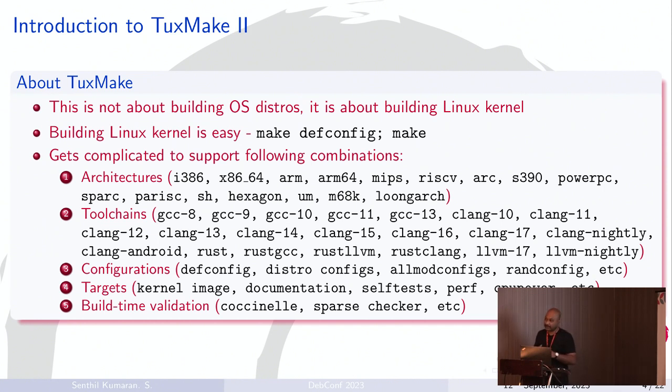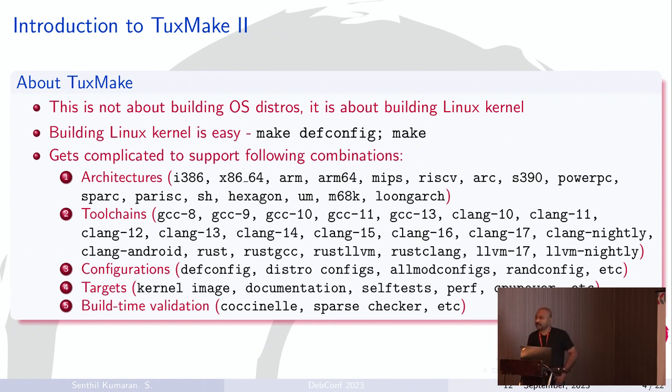Where it gets complicated, the Linux kernel supports different architectures, and it could be built with different toolchains. So you can see the architectures, most of them which are existing today. So you see i386, ARM64, PowerPC, SPARC, RISC-V, LoongArch, which is the latest which has come in.